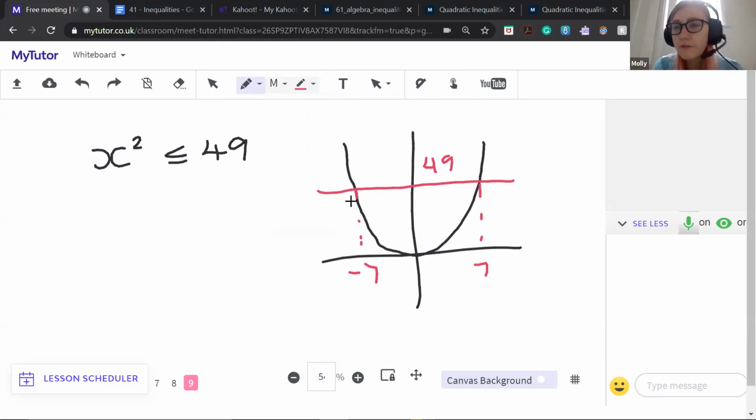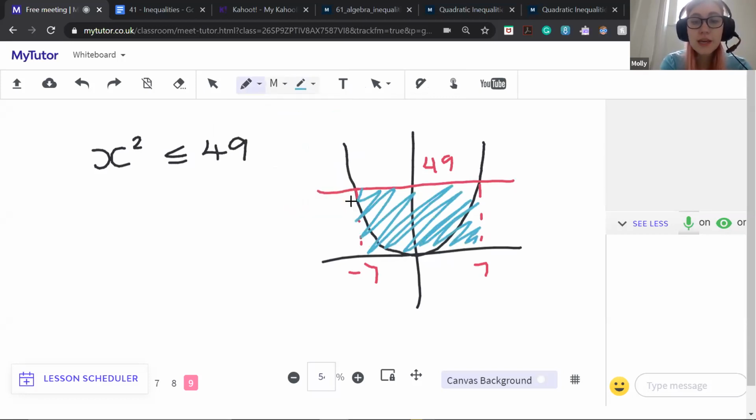We've just drawn a graph and shown where it's equal to 49. Now, this black line here is x squared. So where is that less than or equal to 49? Well, it's underneath this line. Therefore, it's between minus 7 and 7. So our solution for this becomes this. And that makes a lot of sense.